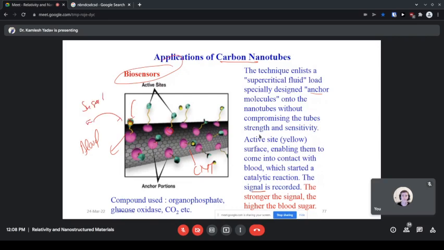In this way, it can be used as a biosensor. Biosensor means using this technique we can easily find how much sugar is present in the blood. There will be a reaction between this yellow portion and the sugar, and then a signal will be generated, and that signal we will record, and then we can predict how much sugar is present in the blood.